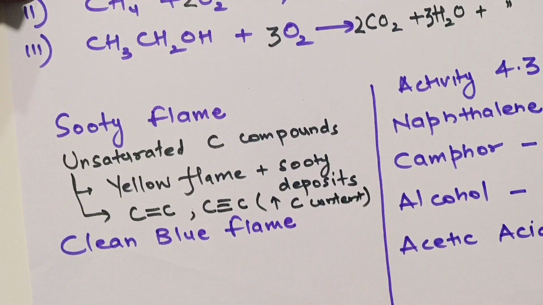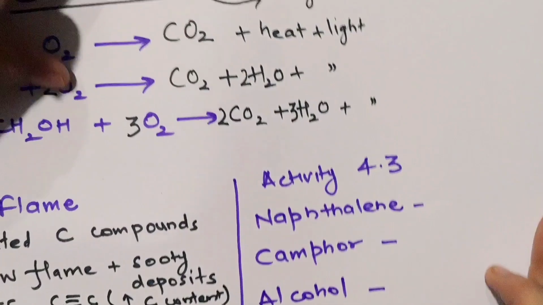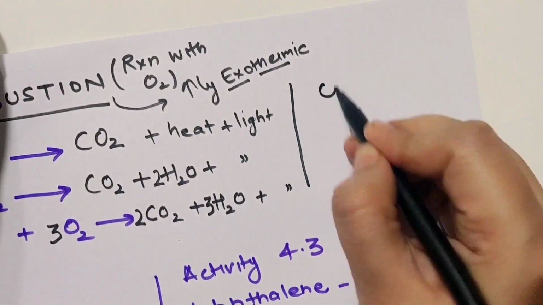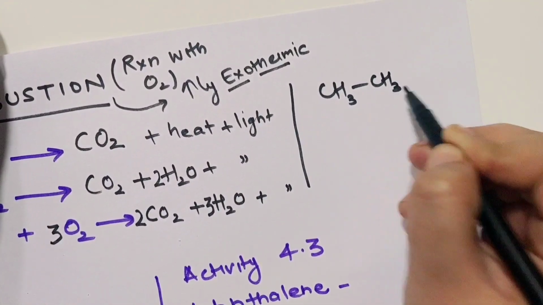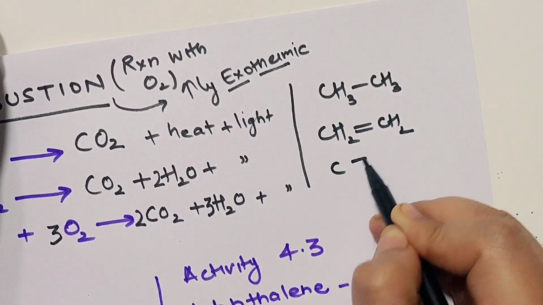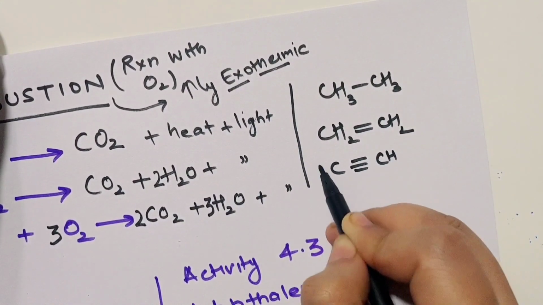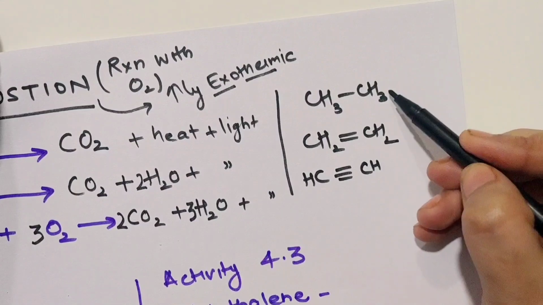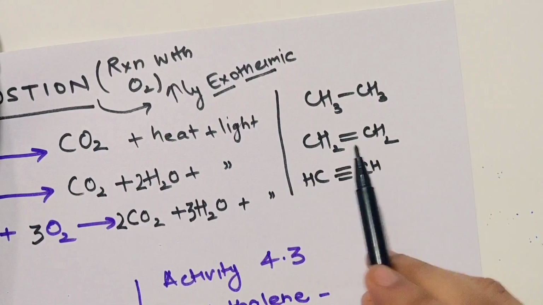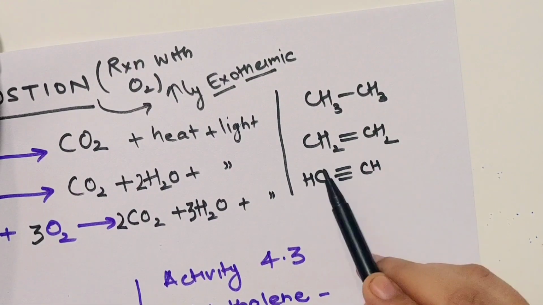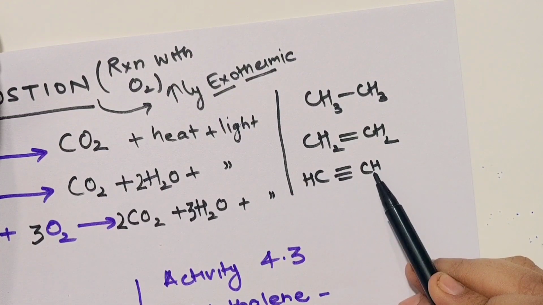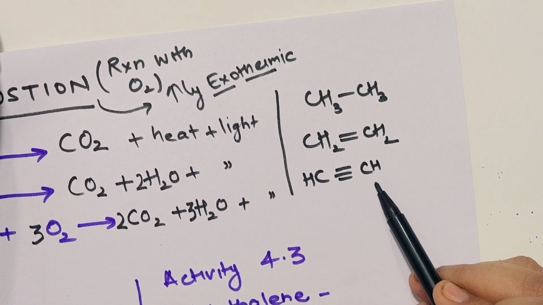Why is that? Okay, let's compare here ethane and ethyne. Okay, this is saturated, these two are unsaturated, and we can clearly see that the hydrogens are fewer in case of alkenes and alkynes. Fewer hydrogen means less percentage of hydrogen.